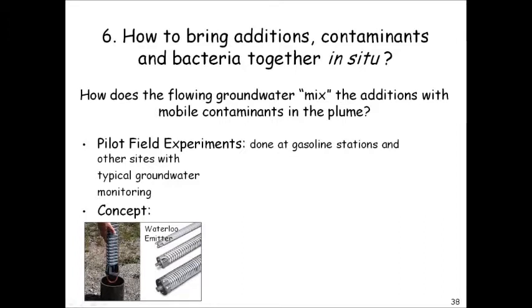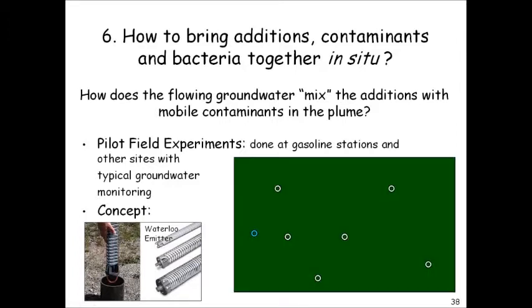A number of experiments have been done by consultants at real field sites, adding oxygen by things like the oxygen emitter, which diffuses oxygen into a well, or ORC, which is a solid emitting substance.